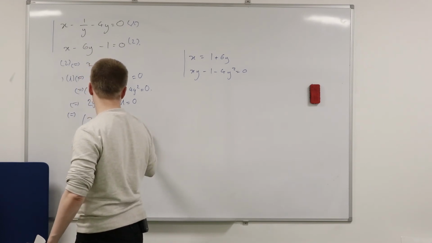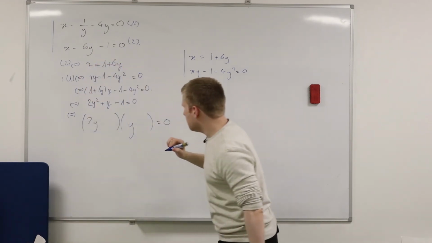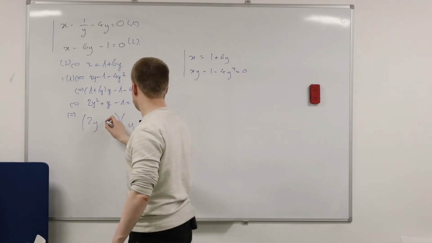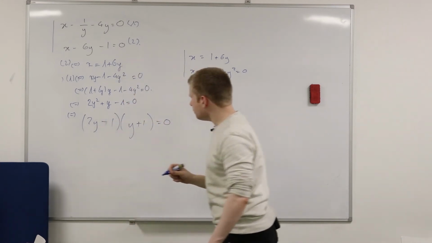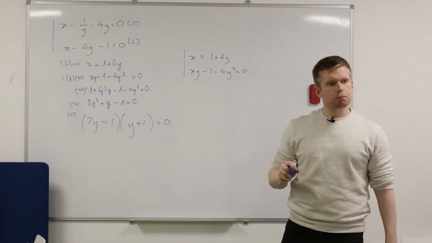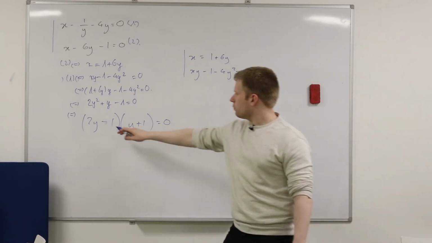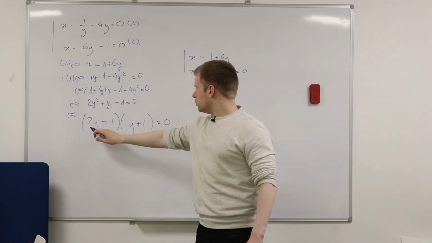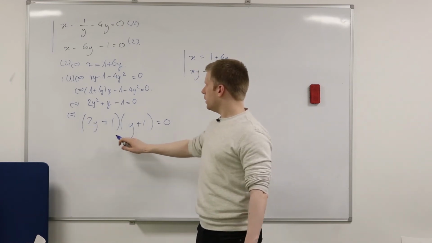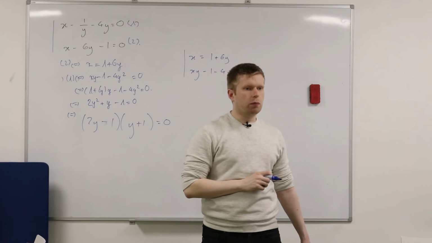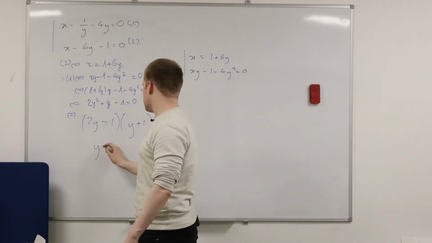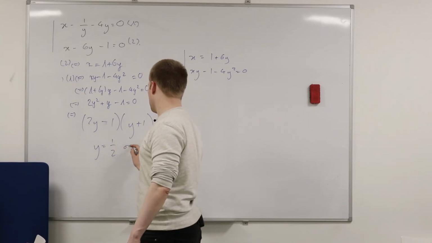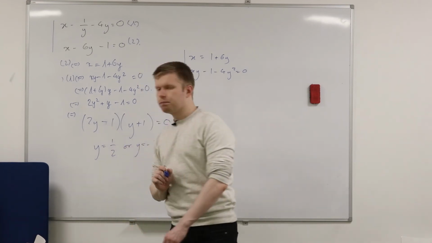So you get 2y, it will factorise, plus 1, take away 1 here. Just to factorise it, because -1 times +1 makes -1. 2y times 1 makes 2y. Take away 1y, it's just going to leave you with +1y. Okay? And therefore you get y equals 1/2 or y equals -1.